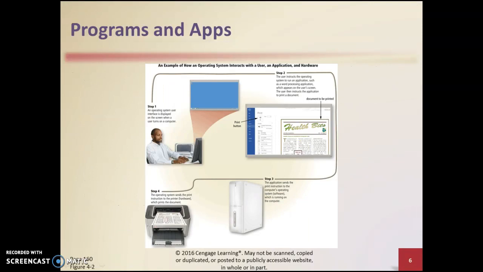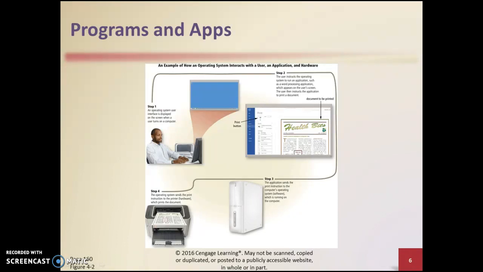Programs and apps. An example of how an operating system interacts with a user, an application, and hardware. Step 1. An operating system user interface is displayed on the screen when a user turns on the computer. Step 2. The user interacts with the operating system to run an application, such as a word processing application, which appears on the user's screen.